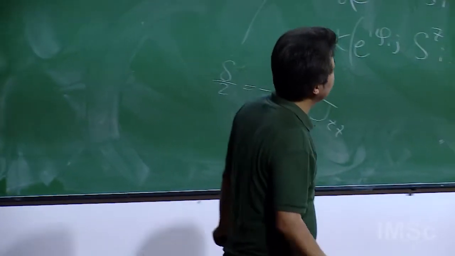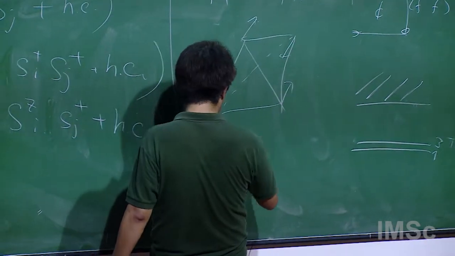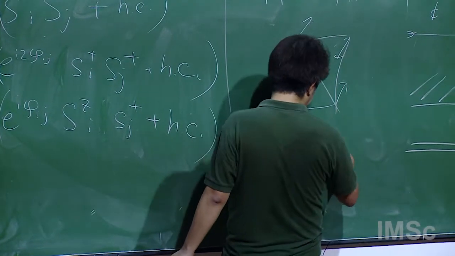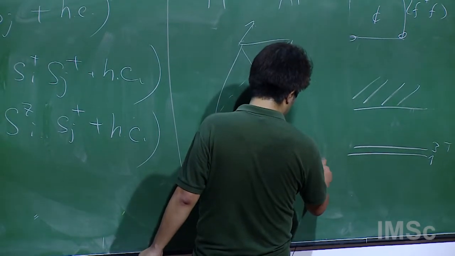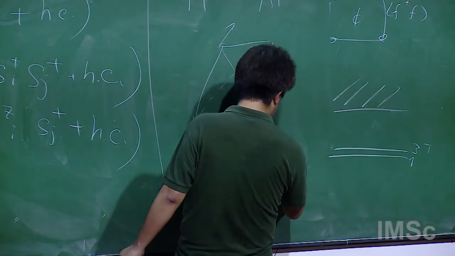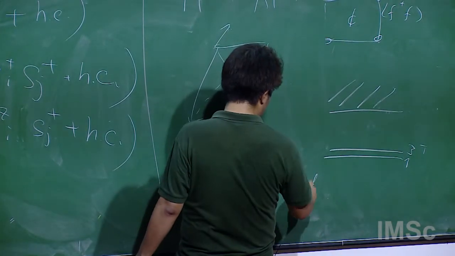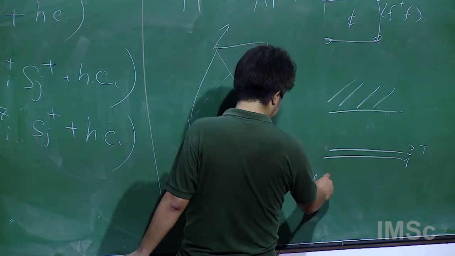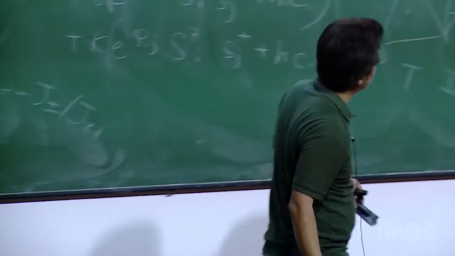The symmetry is reduced to tetragonal from cubic, and the symmetry is I41/amd, and this is the magnetic space group.